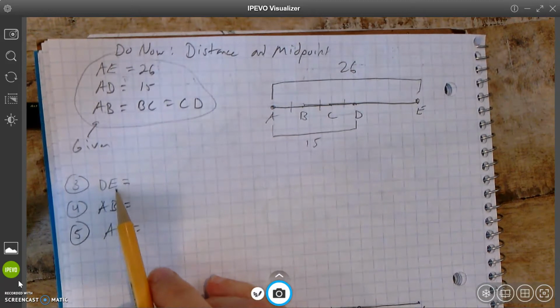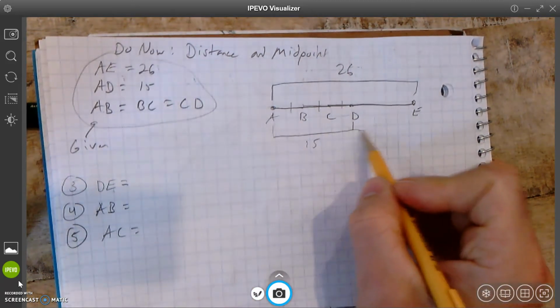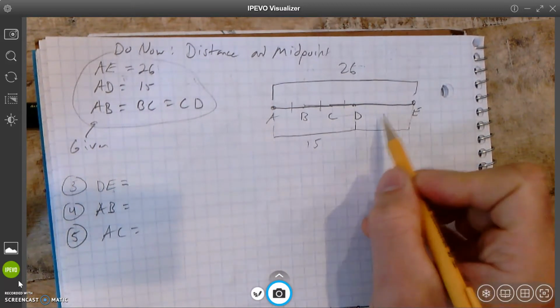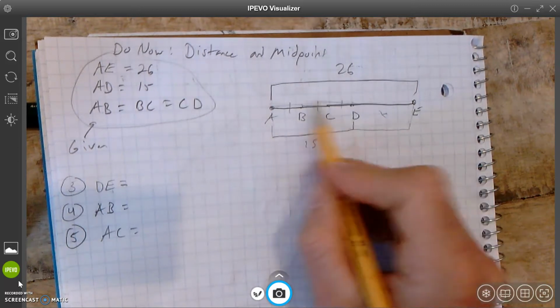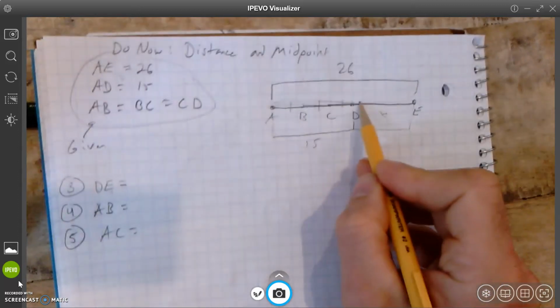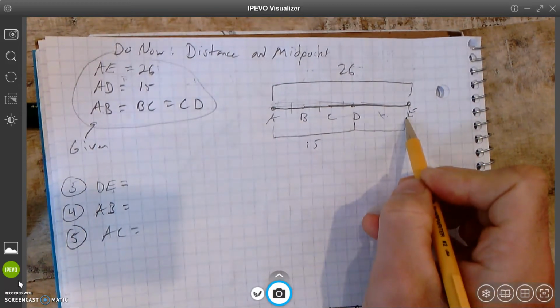What is DE? Well, it looks like DE is this, so that's X. If this part is 15, A to D, then D to E would be X, but the whole thing is 26.